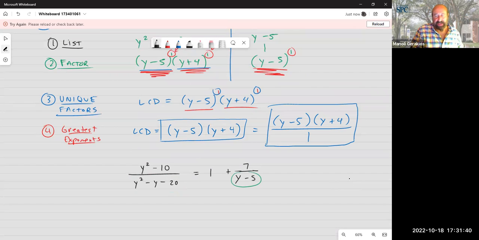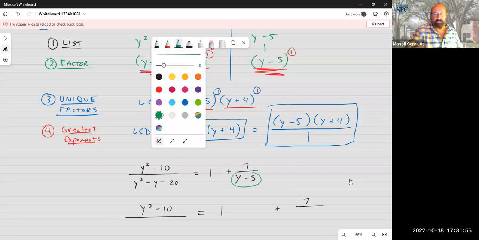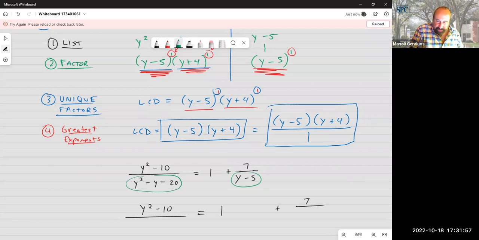We rewrote this with denominators in factored form.